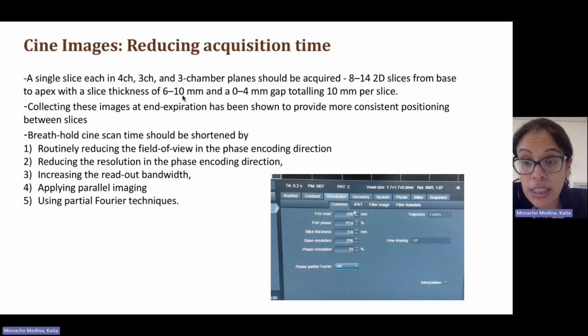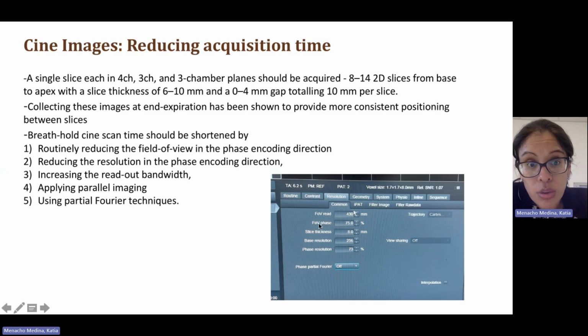You can adjust the thickness in accordance to what is recommended by guidelines. And usually we acquire these pictures in end expiration and keep that consistent for all the acquisitions. Ways to make it faster, for example, are using partial Fourier, or reducing the resolution of the phase encoding field of view.